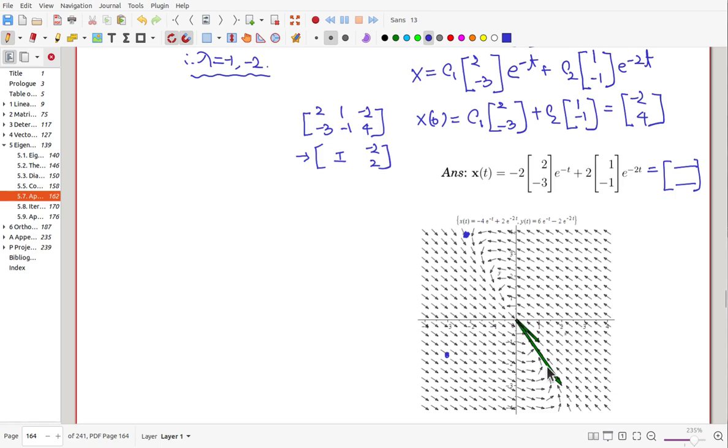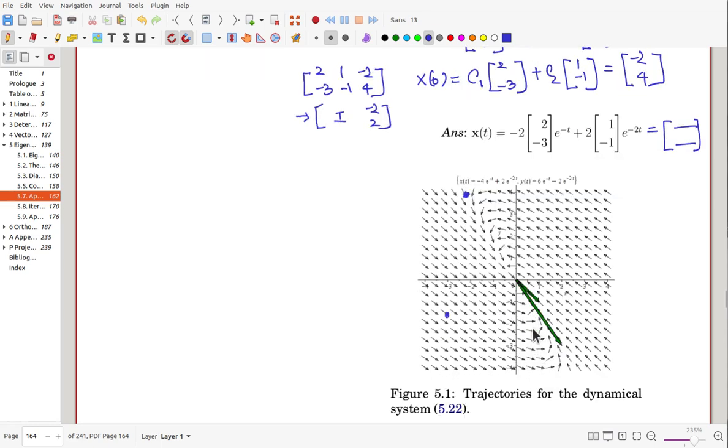Now this vector is 2 and minus 3. In fact, that one is here V1, which corresponds to the eigenvalue lambda 1 is minus 1. Now this vector is V2, and that is with lambda 2, that is minus 2.